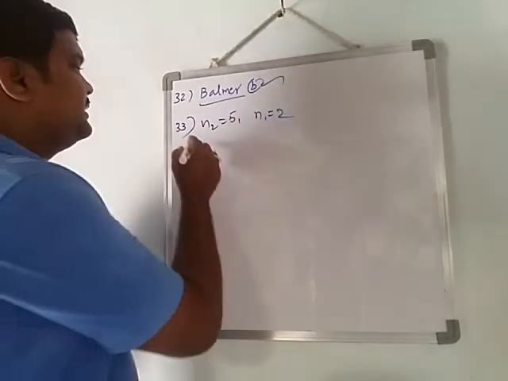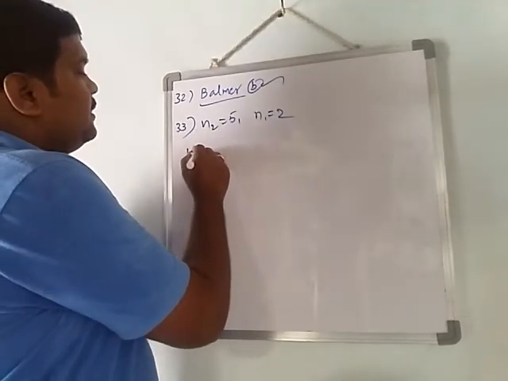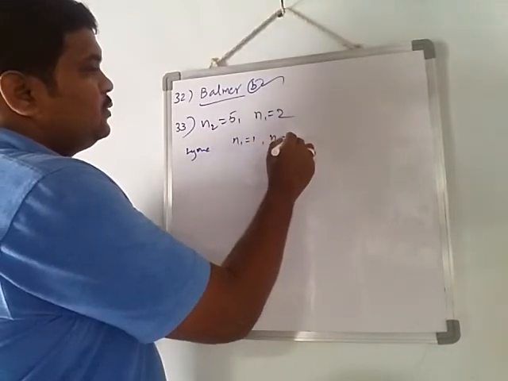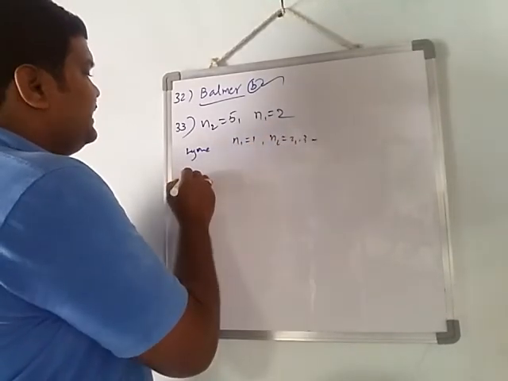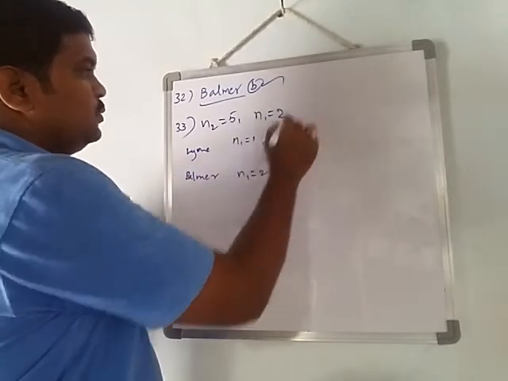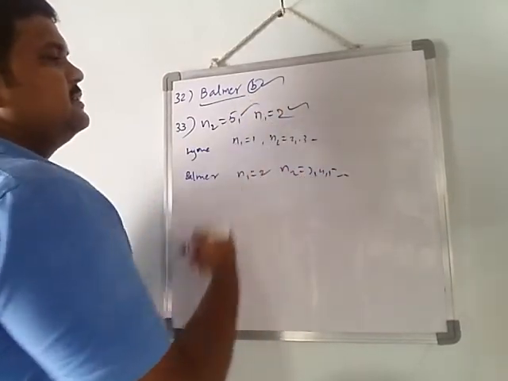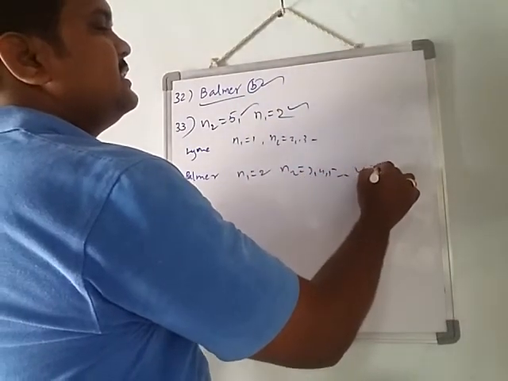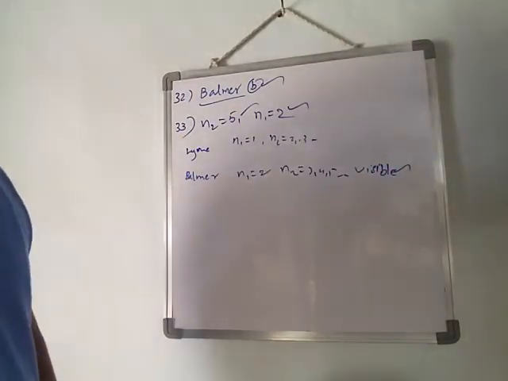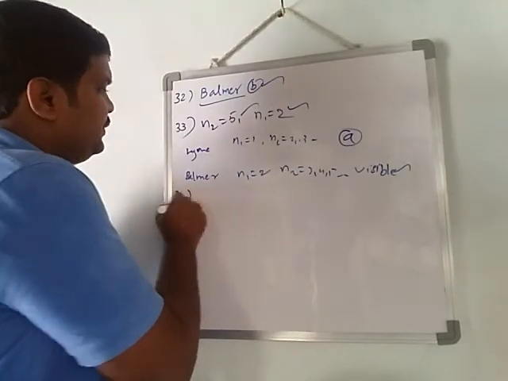You know the Lyman series, that is n1 is equal to 1, n2 is equal to 2, 3, 4. Next Balmer, n1 is equal to 2, n2 is equal to 3, 4, 5. Is it clear? This is in the visible region. So Balmer is in the visible region. So option A is correct.